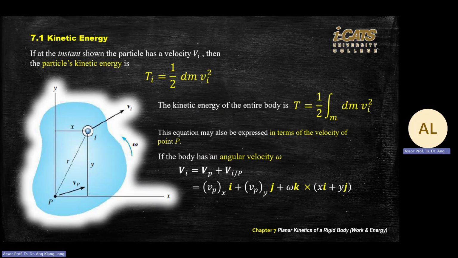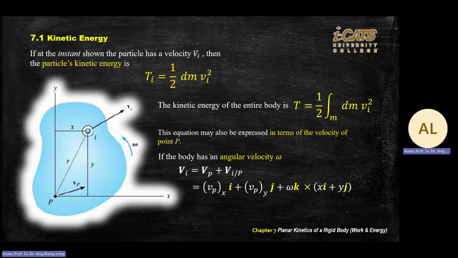If you have Vi slash P, you just convert the slash to negative: Vi slash P equals Vi minus Vp. Then you rearrange the equation depending on what you want to calculate, based on the need of the question.